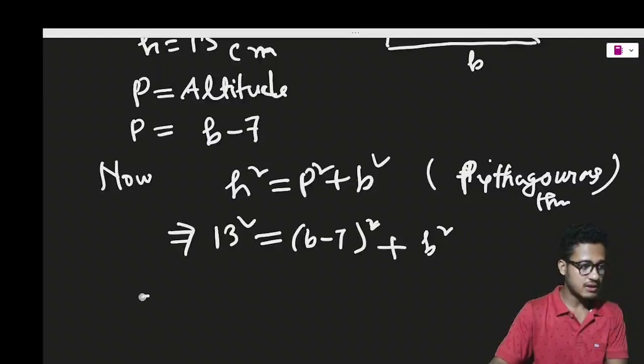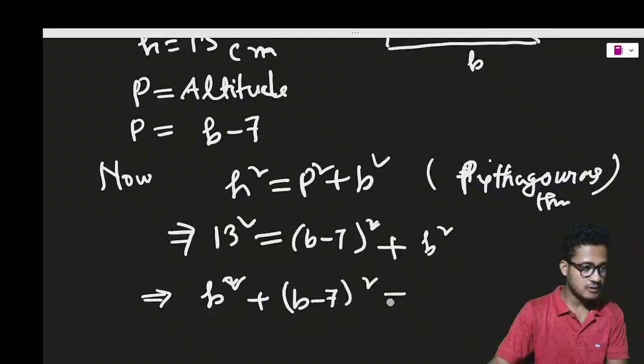So this will imply (b minus 7) square plus b square is equal to 13 square.